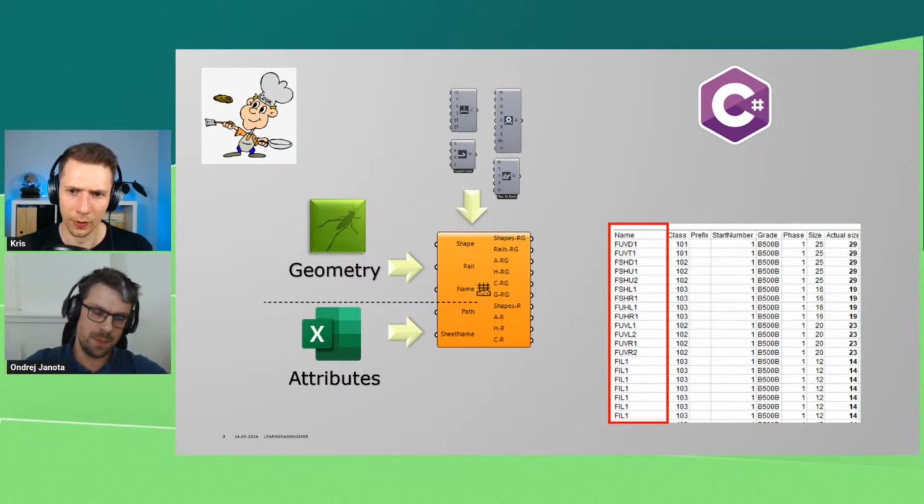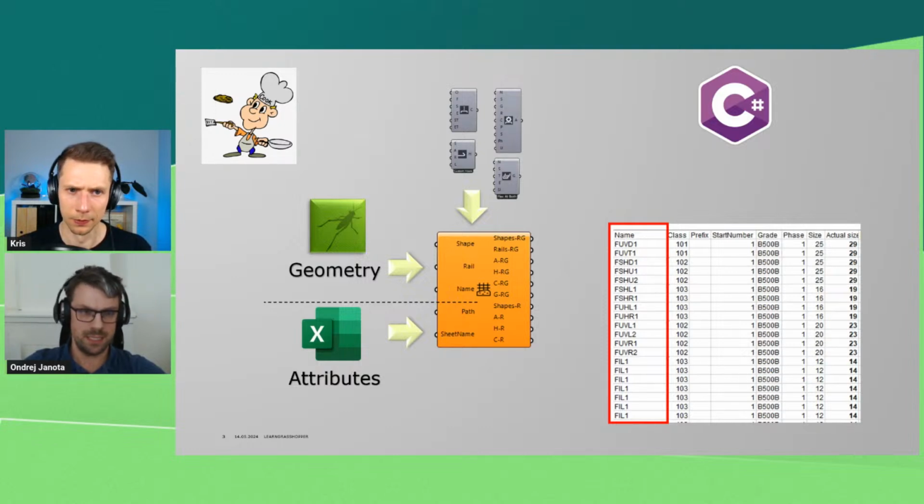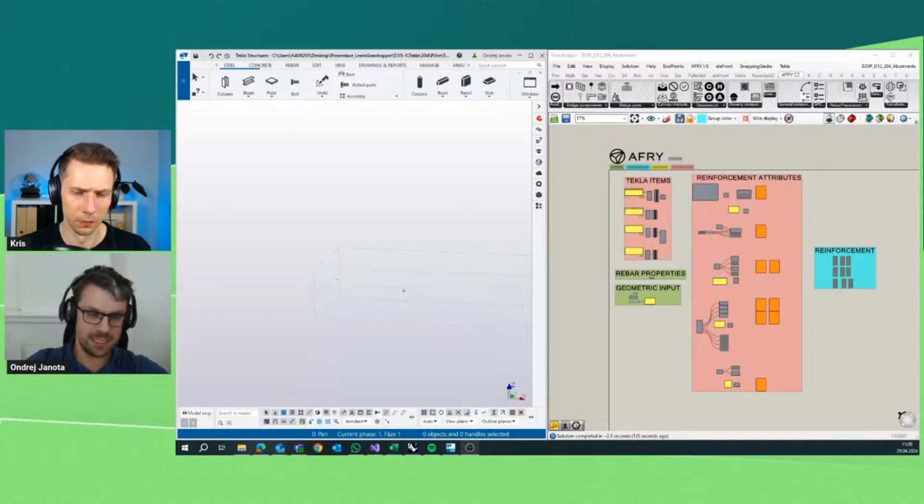And what the component does is it simply works as the components in the Grasshopper Tekla Live Link library, and it produces the same result as the cover, hook, and group attributes components. So that's the simplification, and then you have all the necessary data which are needed for the Tekla reinforcement component in Grasshopper.